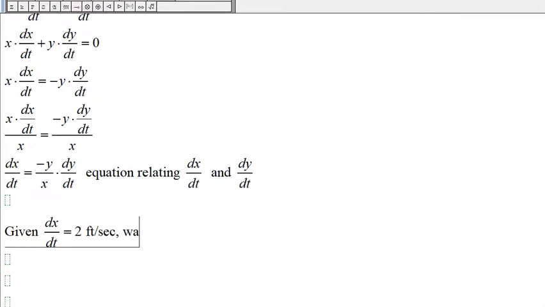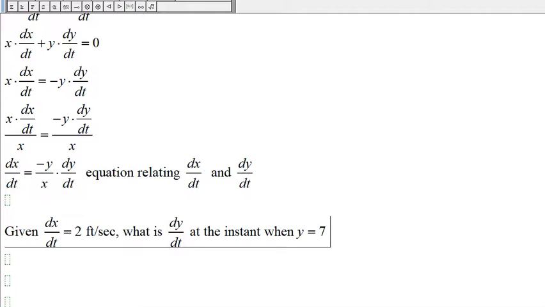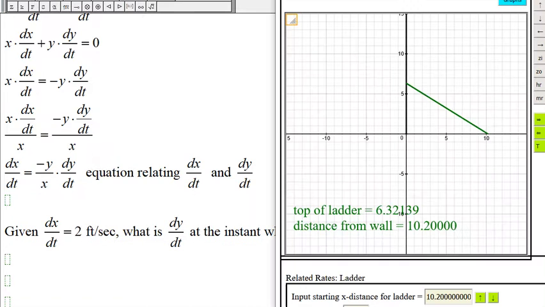We'd like to know what is the rate of change of y at the instant when y is equal to 7 feet. And so right now the top of the ladder is at 6.3 right here.